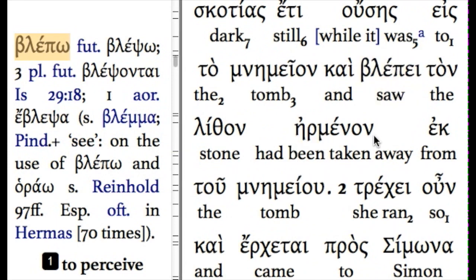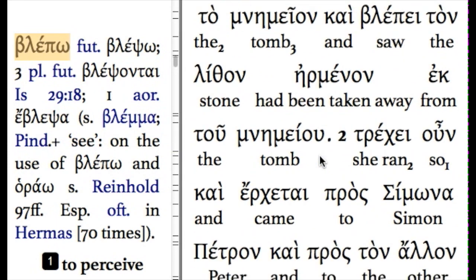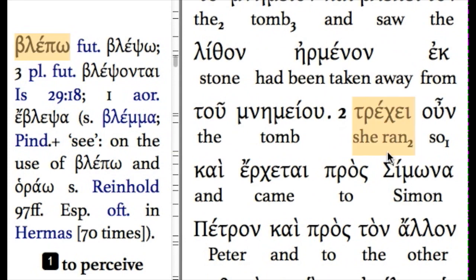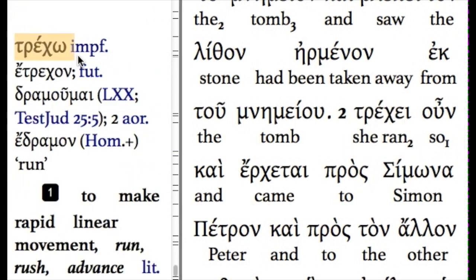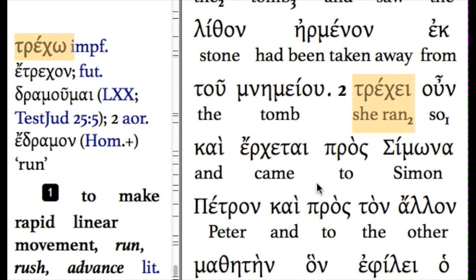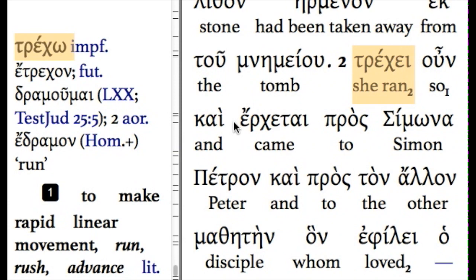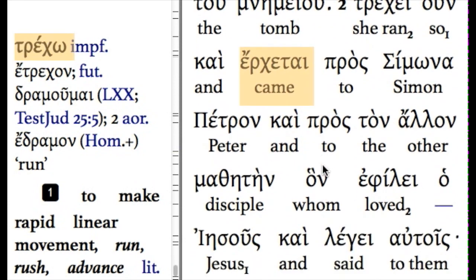Ermenon, that's a participle, so don't worry about it. Taken from the tomb. Here we have trechei. Same thing. Any augment? No. Trecho becomes trechei, so she runs. Present, active indicative, third person singular. She runs, and here we go again. Erchetai, she comes to Simon Peter.